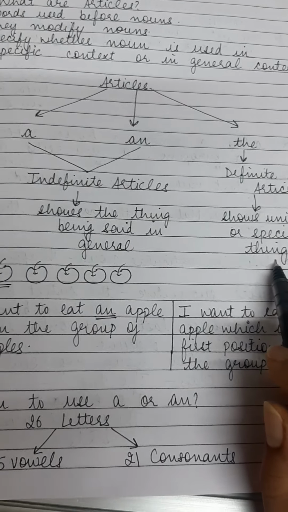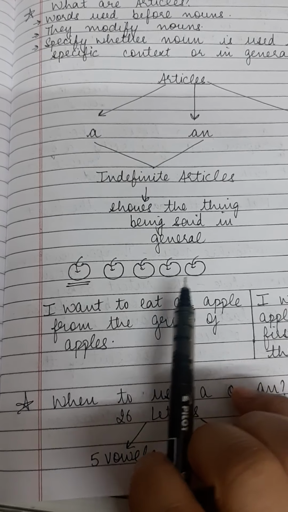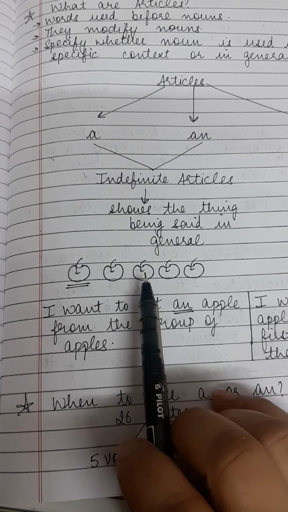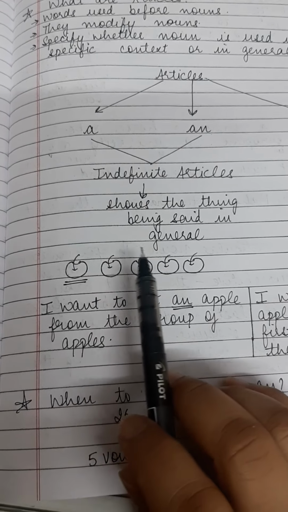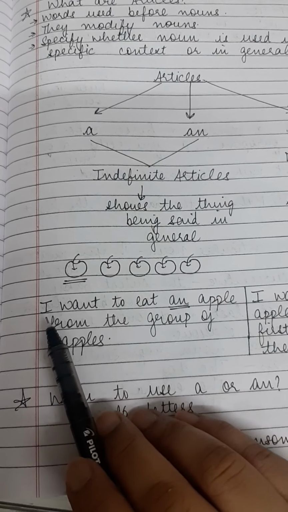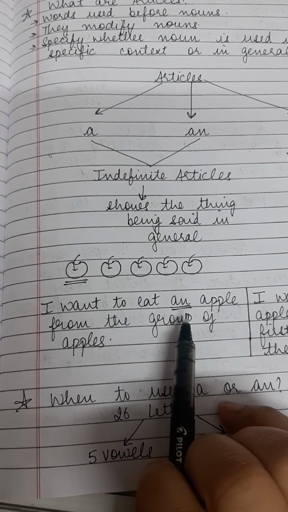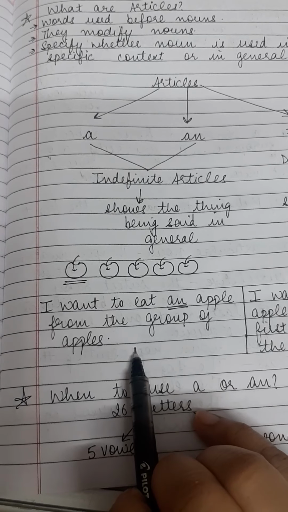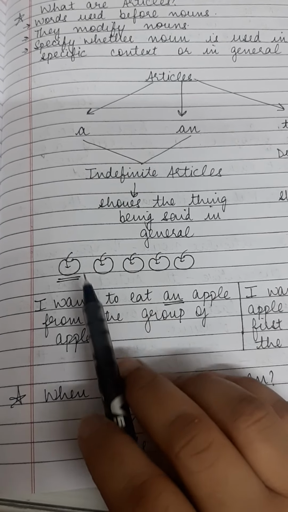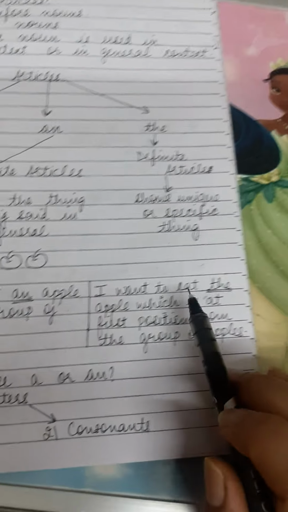For example, we can see here we have 5 apples with us. Now, if we want to eat any of the apples from the group, we will say, I want to eat an apple from the group of apples. We want to eat any of the apples.